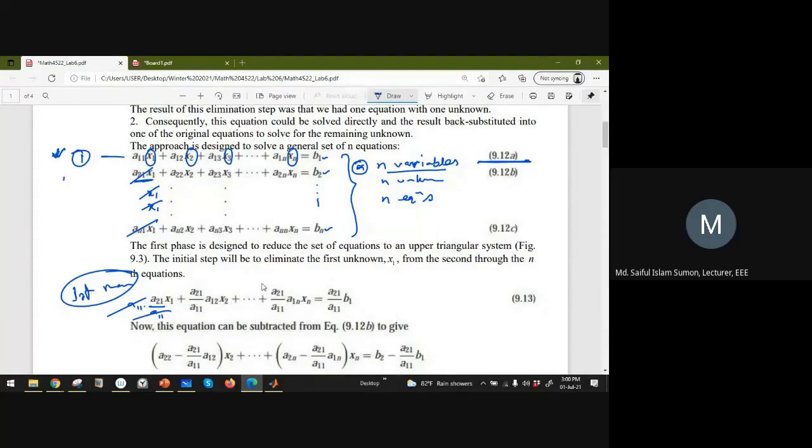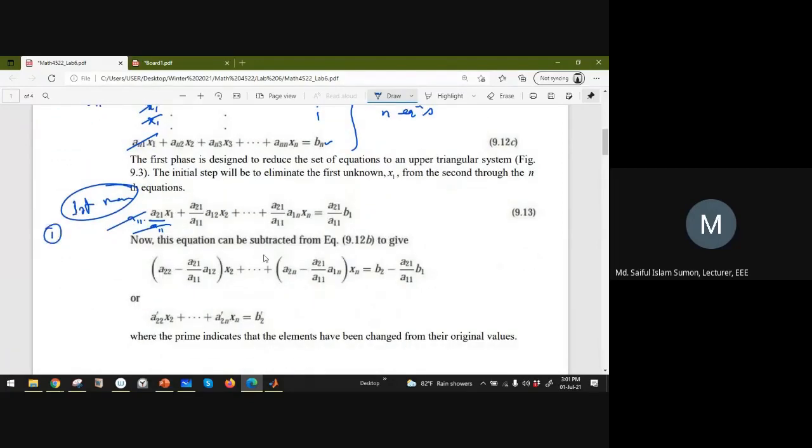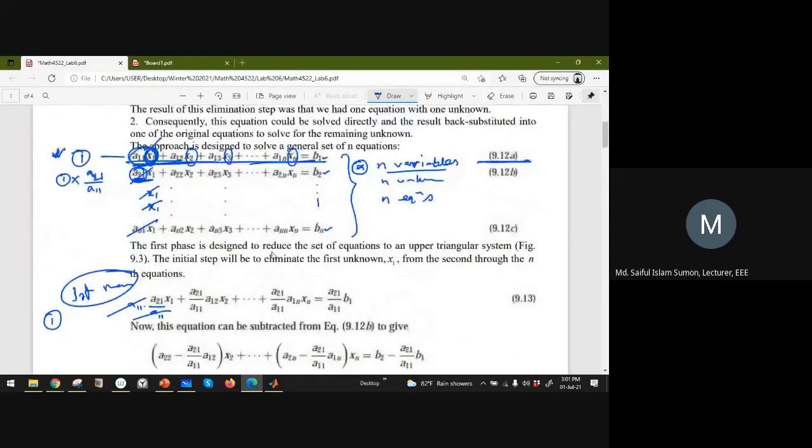How? We will be simply multiplying this one with a21 and dividing it with a11. If I do so, from this equation, my x will have a coefficient which is equal to a21. So equation number 1 has been multiplied with a21 divided by a11.